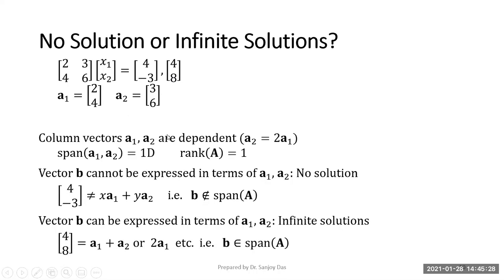Or multiply A2 with 1.333, 1.333 A2 equals 4, 8. So there are so many ways you can express this vector B, 4, 8, in terms of A1 and A2. That's because B belongs to the span of A. Thus we have an infinite number of solutions. We have an infinite number of ways in which B can be expressed in terms of A1 and A2.